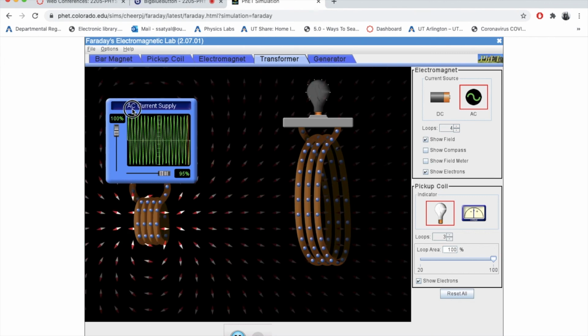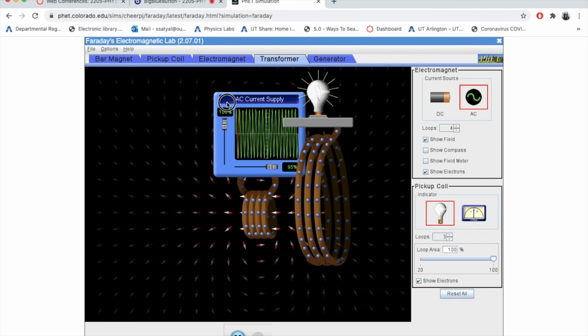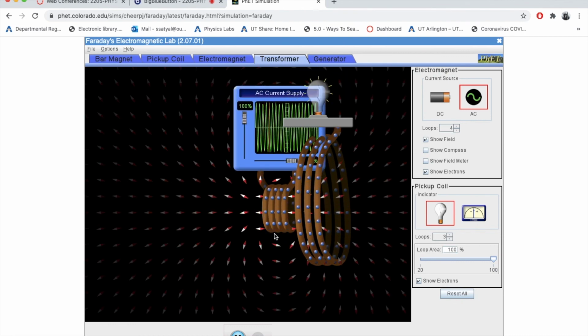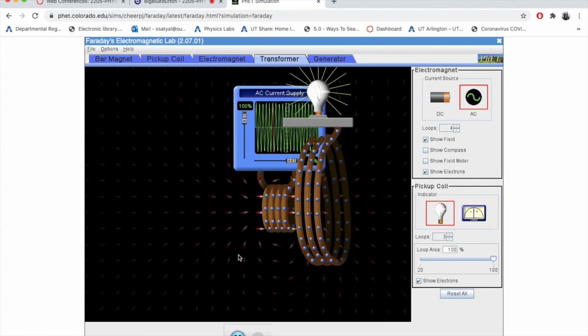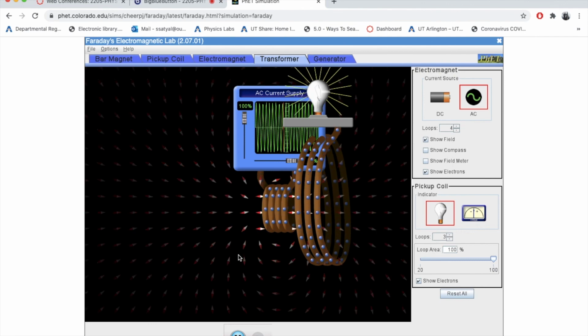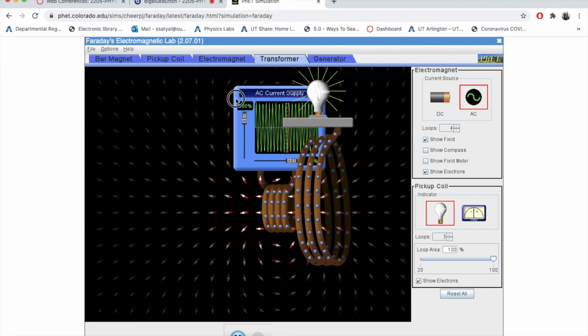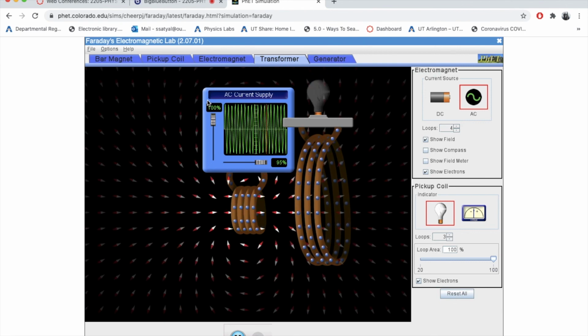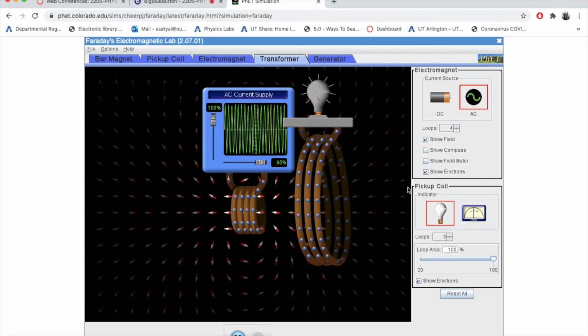So the closer my coil is, the better it is to produce a higher amount of current. And so there are at least 6 factors here that affect the brightness. I think I've said all of them by now, but you can explore it for yourself.